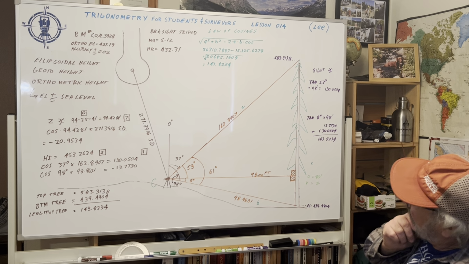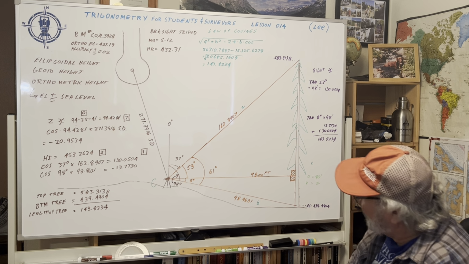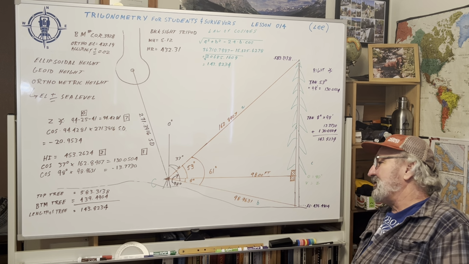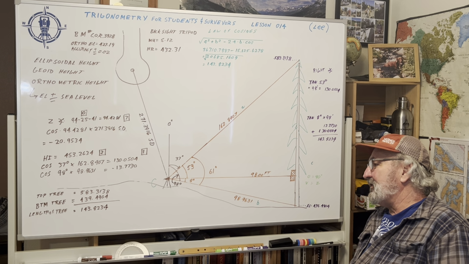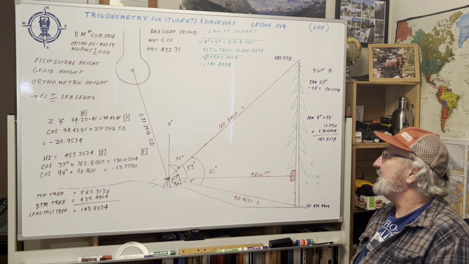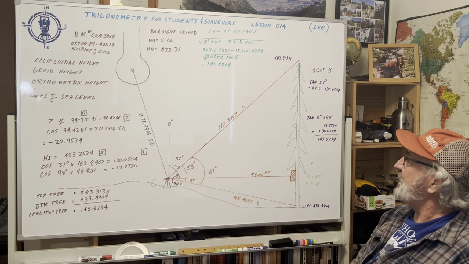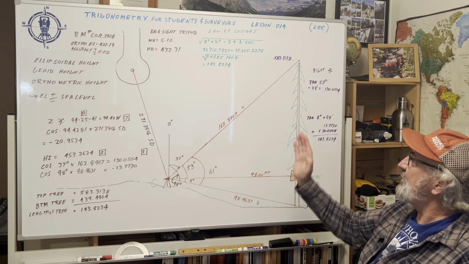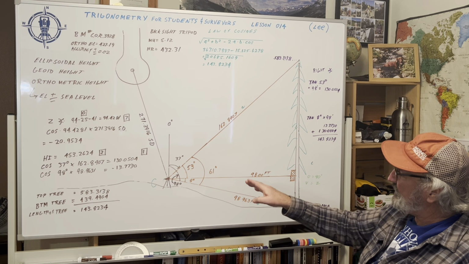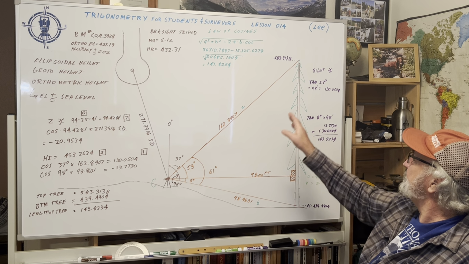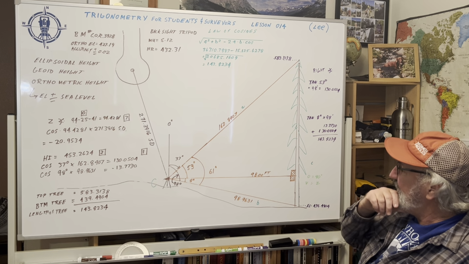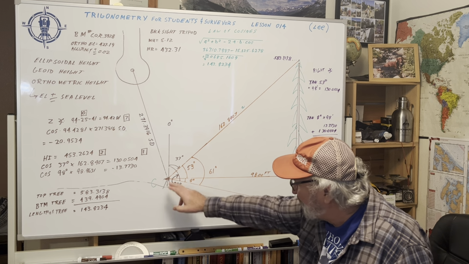Now, one of the reasons I'm doing this course is that very few surveyors would even do that much. They wouldn't do the right triangles. They're certainly not going to do, a lot of them can, some can't, law of cosines. But even this, with today's guns, you have a prismless feature.